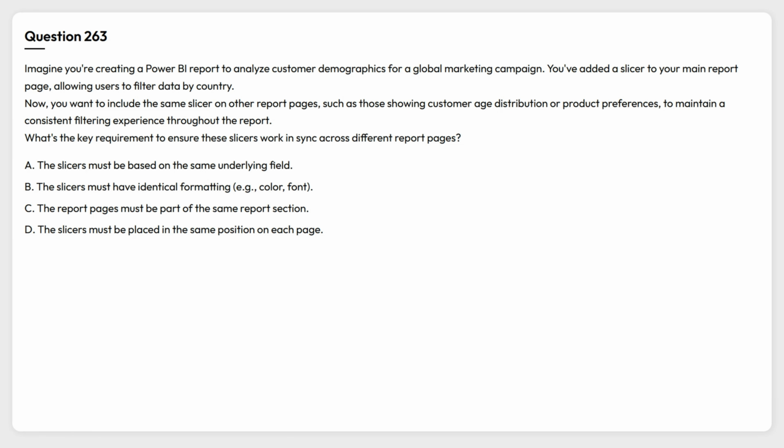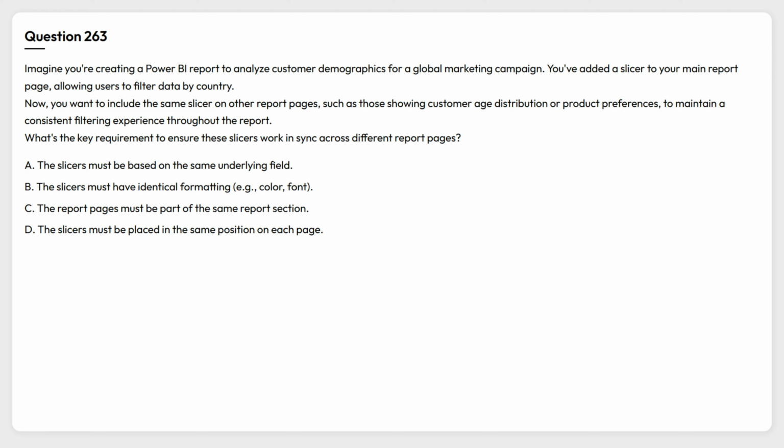Question number 263. Imagine you are creating a Power BI report to analyze customer demographics for a global marketing campaign. You have added a slicer to your main report page, allowing users to filter data by country.